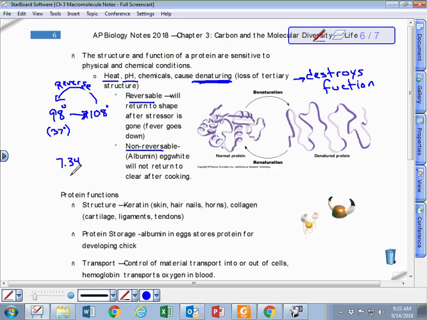So 7.34, is that slightly acid or slightly base? Acid would be like a 2. Base would be like a 10. So we are just slightly not acidic, slightly basic.